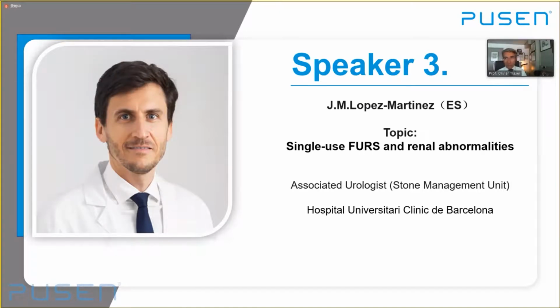When you are using a reusable scope, you care about your scope because you know that if you force, you will break it, and then this is a disaster. But I can see that when people are using the single-use, they are really forcing much more. So I think this is also a general comment we need to tell the people.